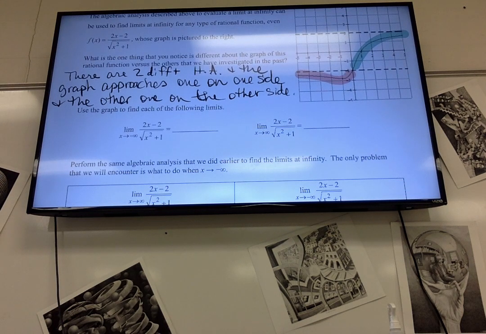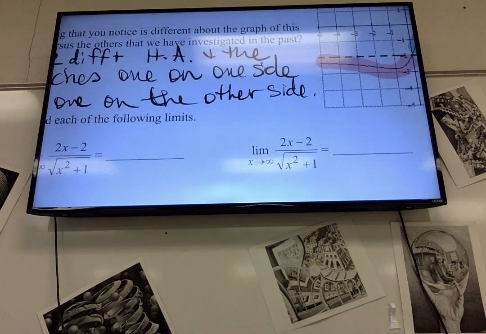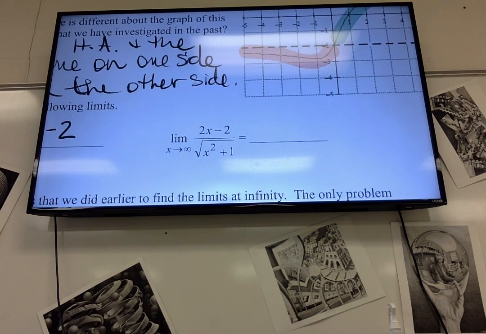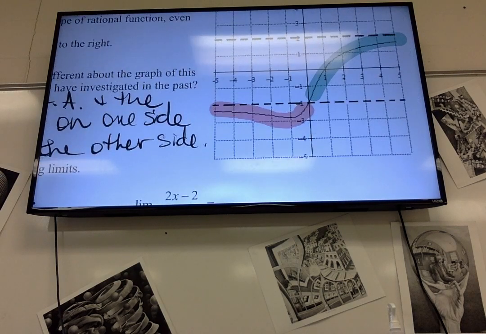Okay, so looking at the picture, what's the limit as x approaches negative infinity? Look at the red line. It's approaching negative 2. What's the limit as x approaches infinity on the right-hand side? Positive 2.